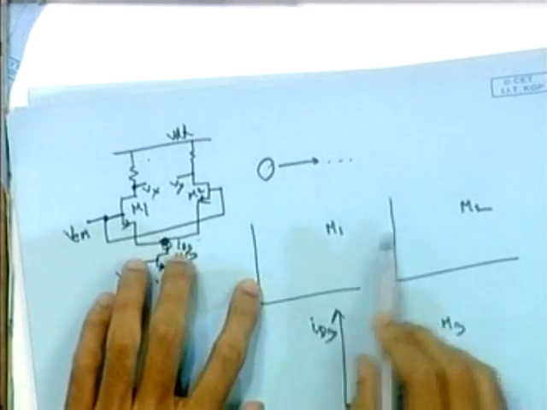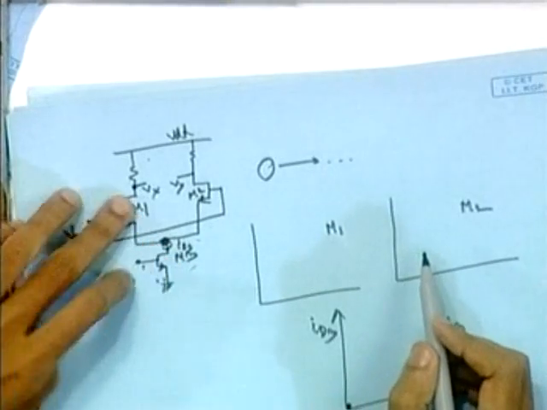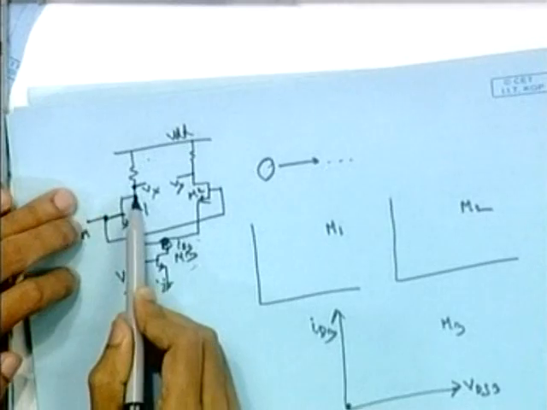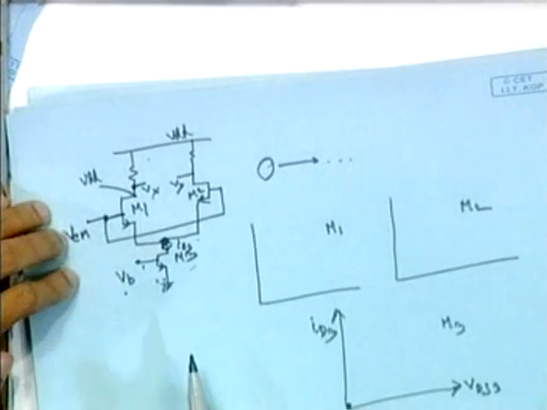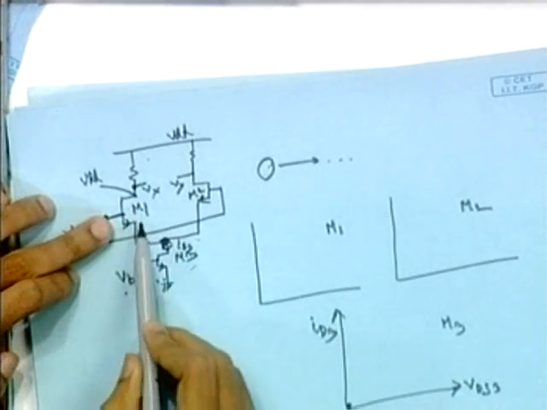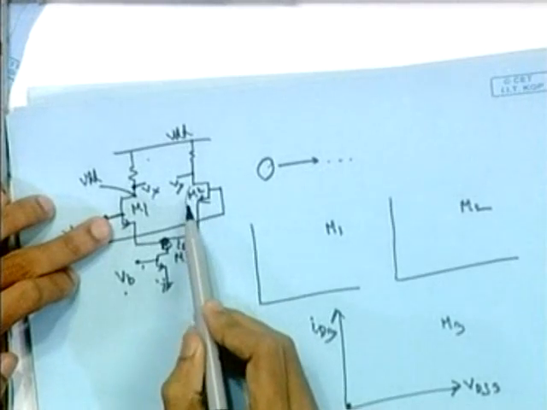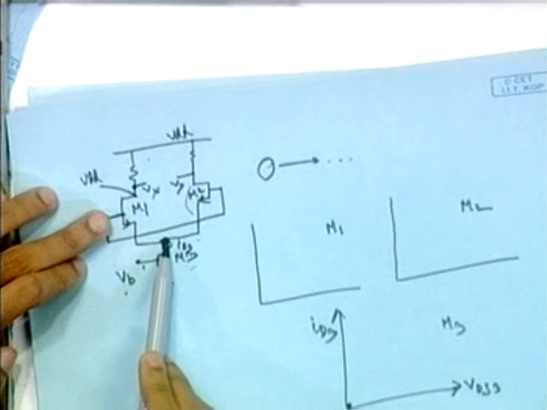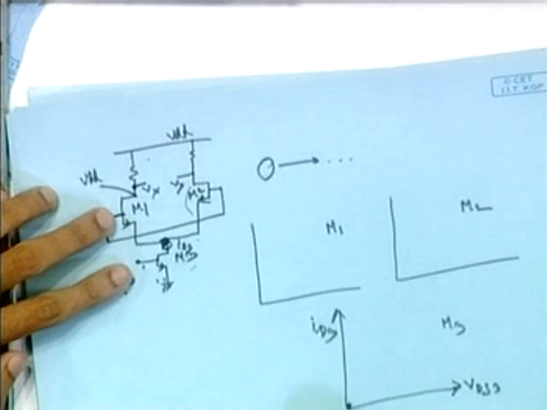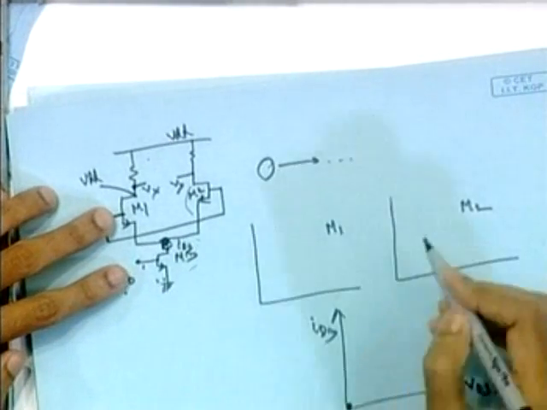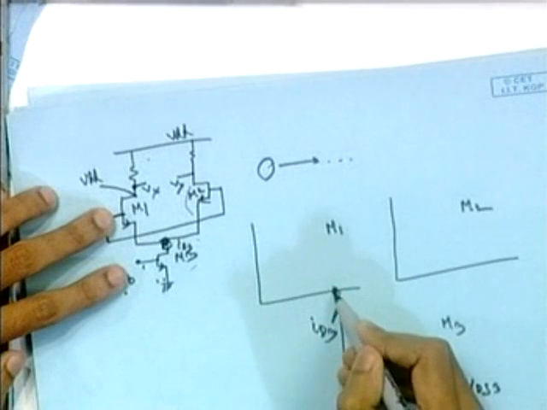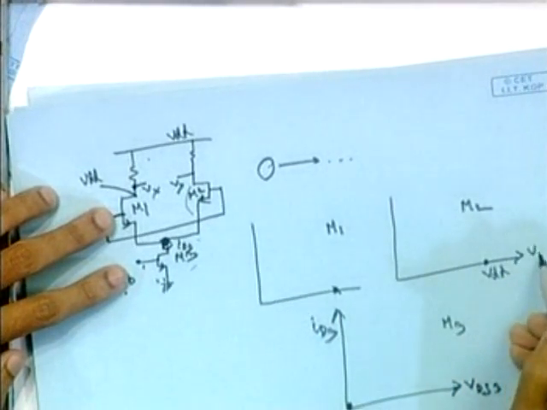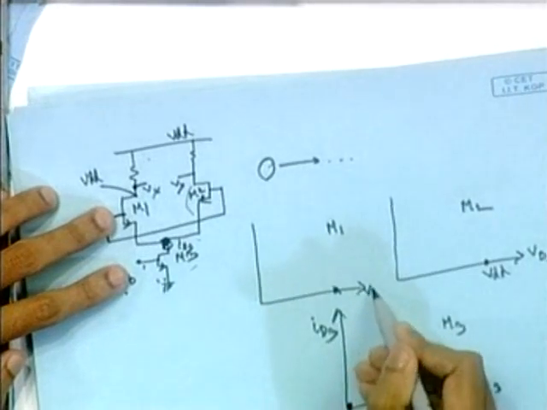And what about these two? This is open, and this point is at 0. This is open means this is at VDD. So VDS1 and VDS2 start from here, VDS2 will be VDD, because this is at 0. This point resides here, M3. So both of them will start from VDD.